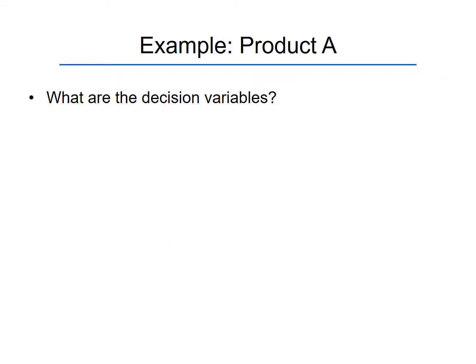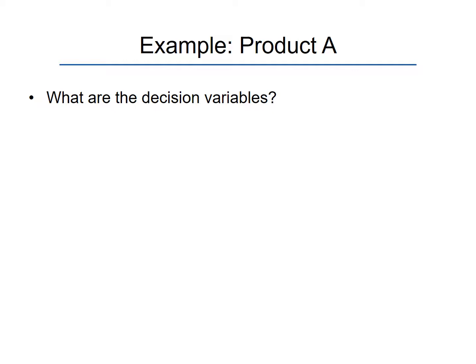As with all LP problems, the first and probably the most important step is setting your decision variables. The decision variables, as the name suggests, are the variables that you can decide, or the ones that you can control. Some of the variables that you think you can control are not actually controllable, or really they're beyond the scope of your problem.